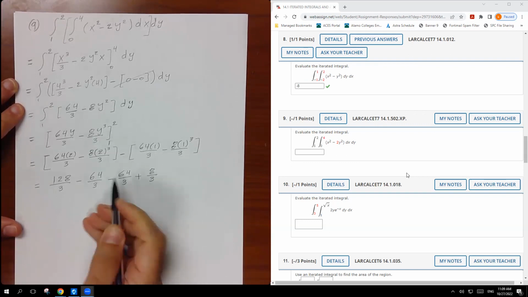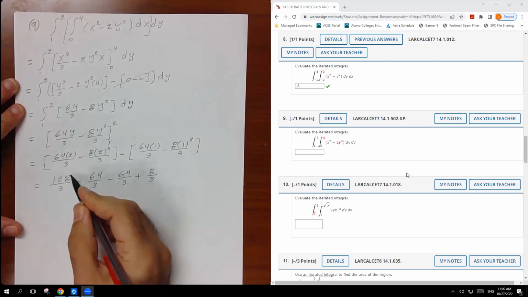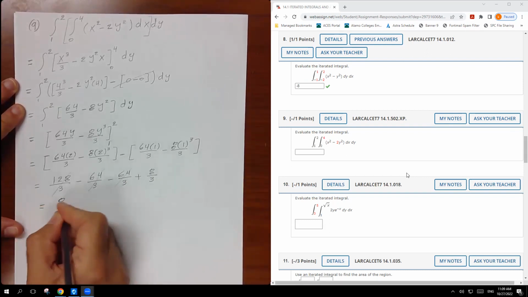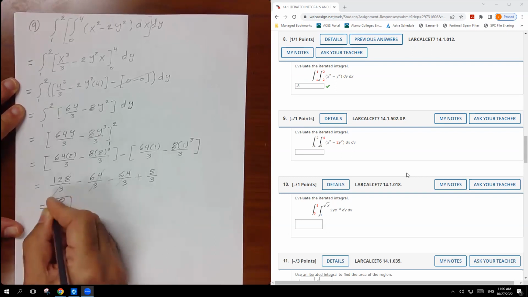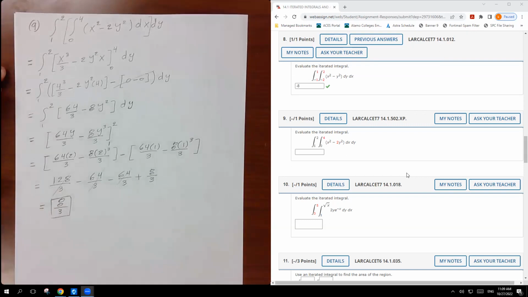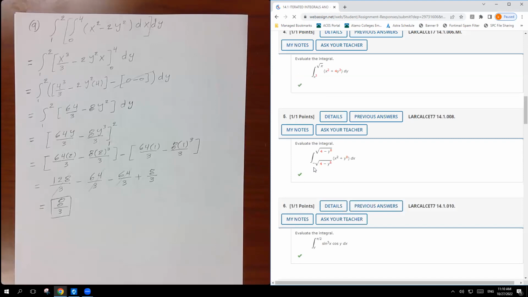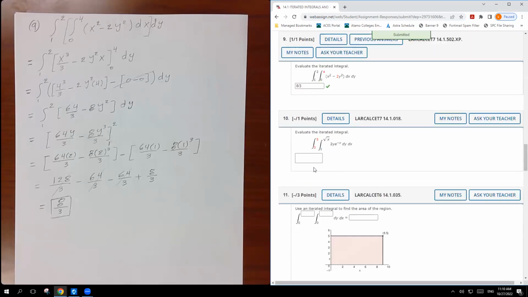That means this one cancels here because we have the same denominator. That means the result is going to be 8 over 3. This is for example 9. So we're going to type 8 divided by 3.